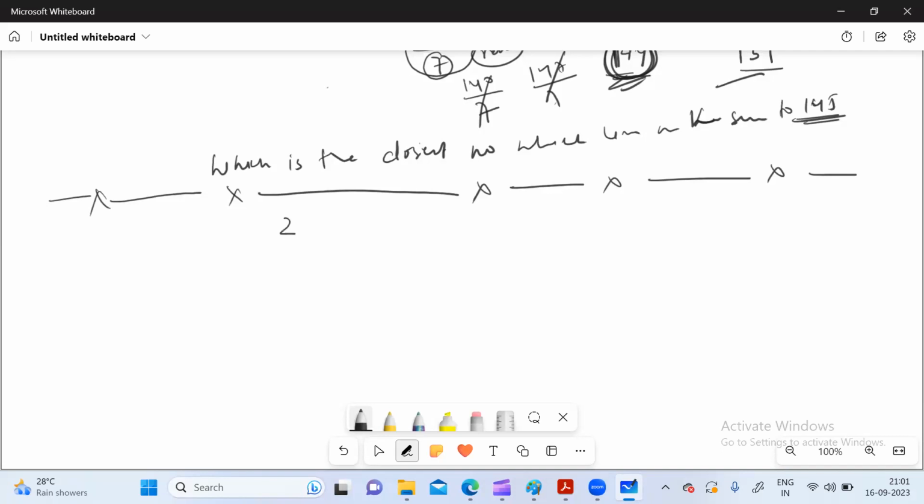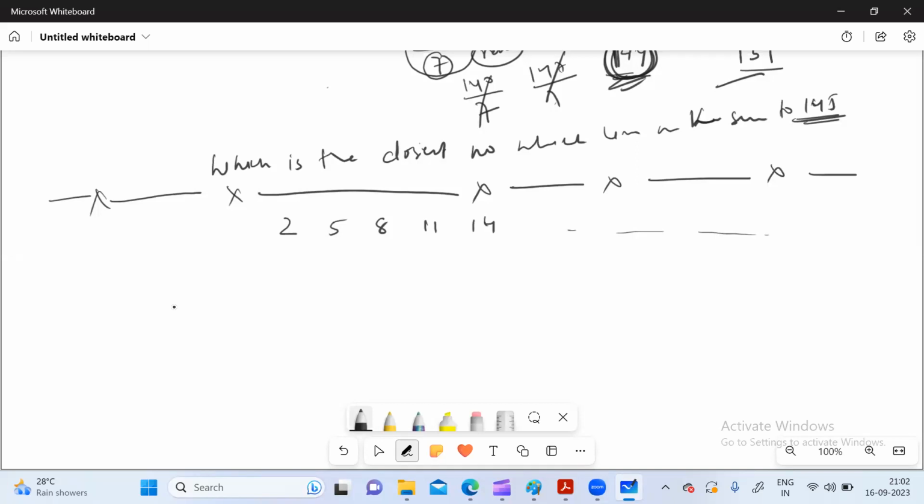So now let's take a small AP with a smaller common difference: 2, 5, 8, 11, 14. These are the terms. If there are 5 terms, it is still an AP. If there are seven terms, it is still an AP, and it can have more terms also.